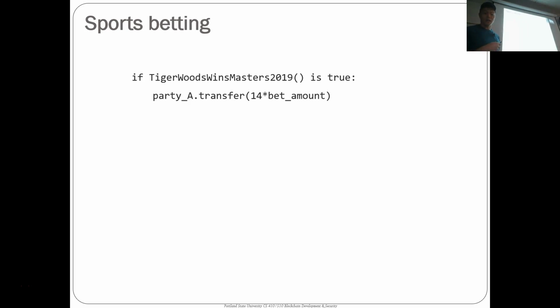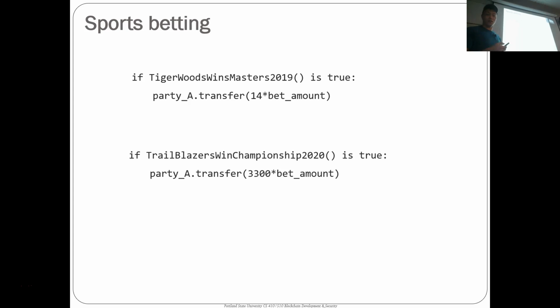I looked up, NBA basketball just started. So the odds that the Trailblazers win a championship this year are 3,300 to 1. It was actually 75 to 1 when they had made the playoffs last year, so I had to update this.